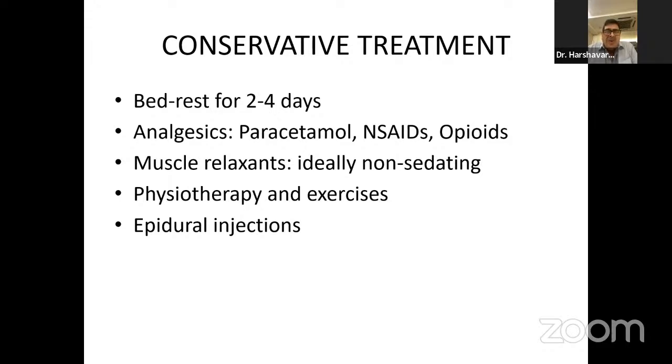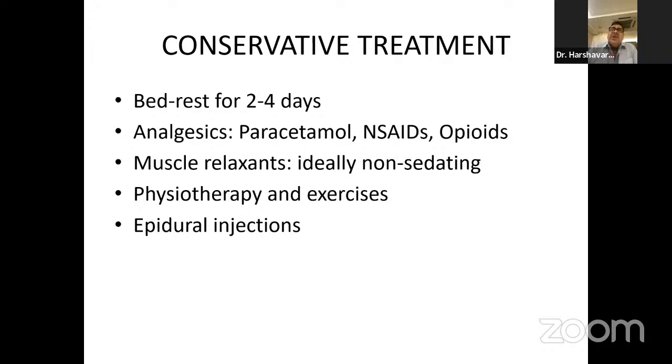However, the good thing is that almost 85% of them respond to conservative, that is non-operative, non-invasive therapy. This would be bed rest, analgesics, muscle relaxants, and then starting exercises and physiotherapy and gradually increasing the kind of exercises. And usually this works very well.